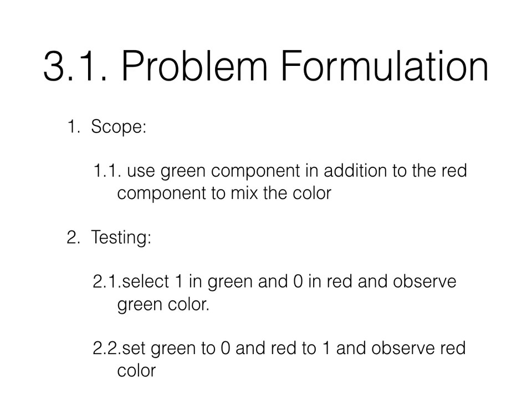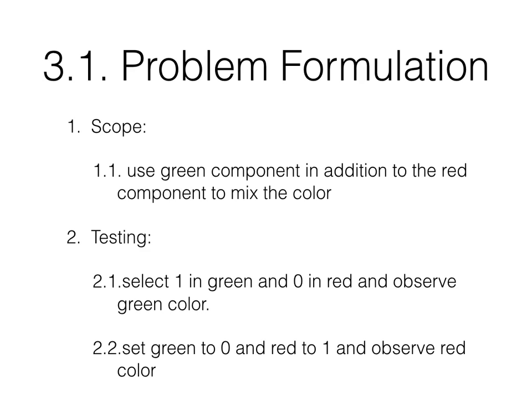In the problem formulation, the scope is to use the green component in addition to the red component to mix the color. That's basically it, very simple. As you can see, it's a very tiny bit of the original project problem, and that's what iteration is about. You do smaller steps, smaller projects in order to reach the full plan.